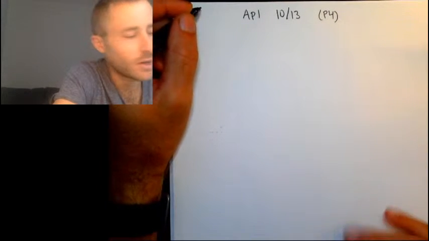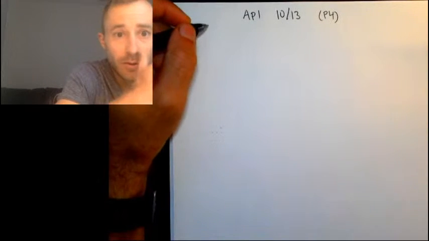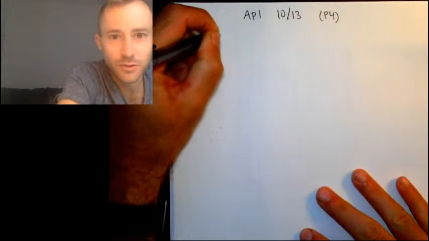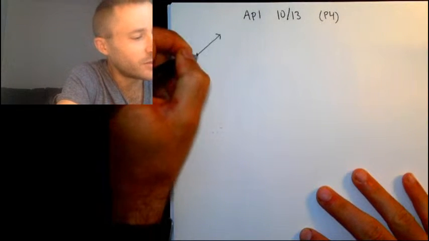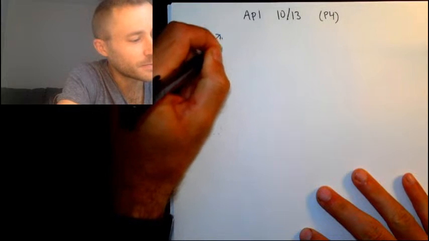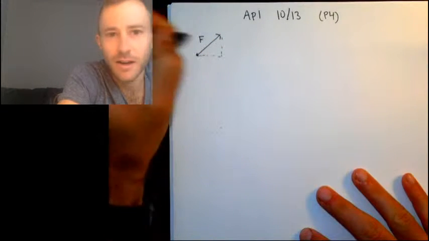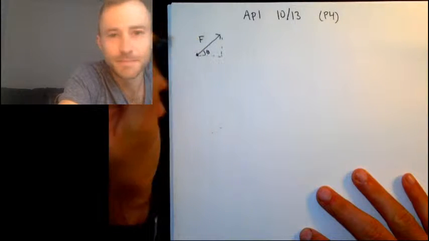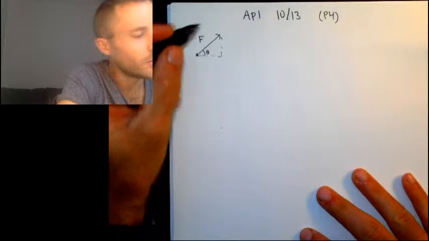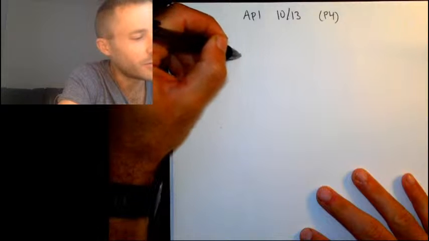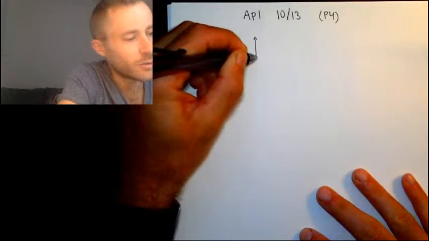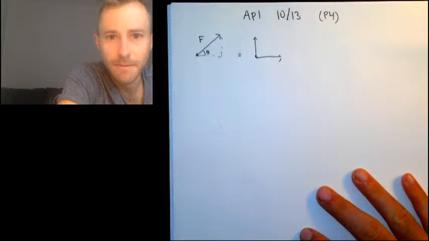Let me just review what we discussed last time. The topic of the last lesson was diagonal forces. If you have a diagonal force of strength F that makes some angle theta, you can think about it as being equivalent to a vertical force and a horizontal force simultaneously.